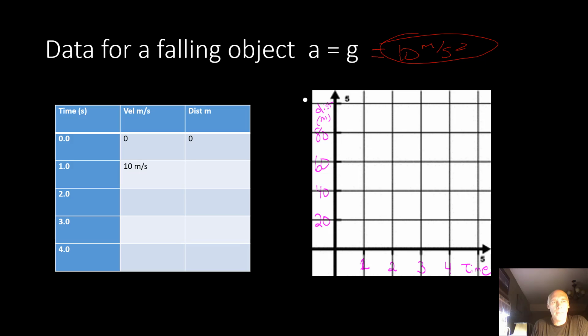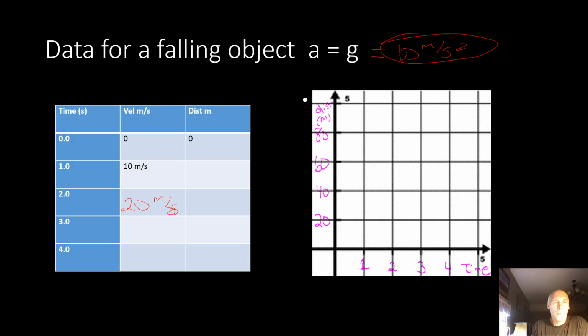So here's the time interval: 1 second, 2 seconds, 3 seconds. If this is your acceleration, that means every second that goes by, your speed is increasing by 10 meters per second. After 2 seconds, you're now going 20 meters per second. If you want to know what that is in miles per hour, you want to double that and you'd be pretty close.